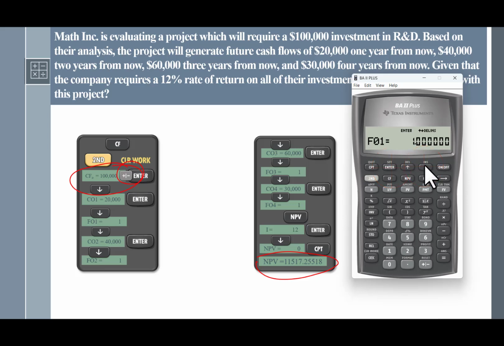Frequency is 1, we're not going to change that. Second investment is 40,000. Frequency 1. Third investment, you see that I didn't clear the cash flow here. It's still showing these numbers, but that's fine because I'm going beyond that. So C03 is 60,000.